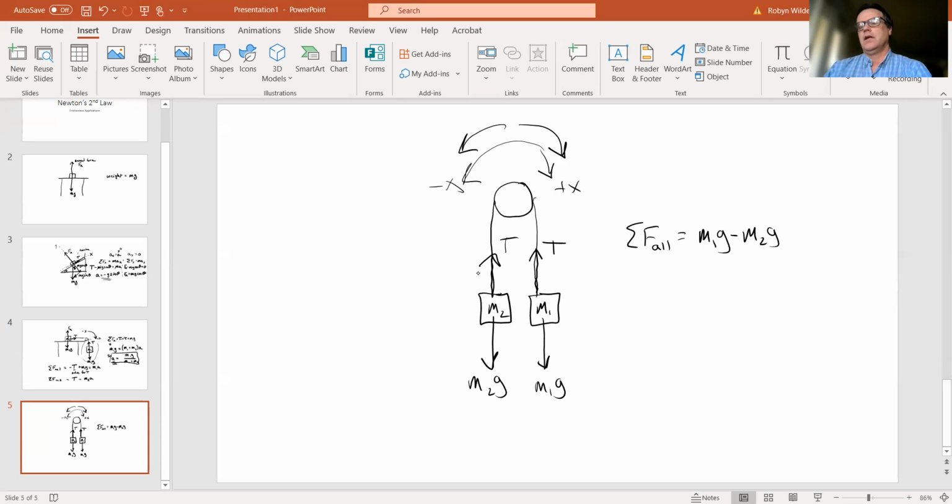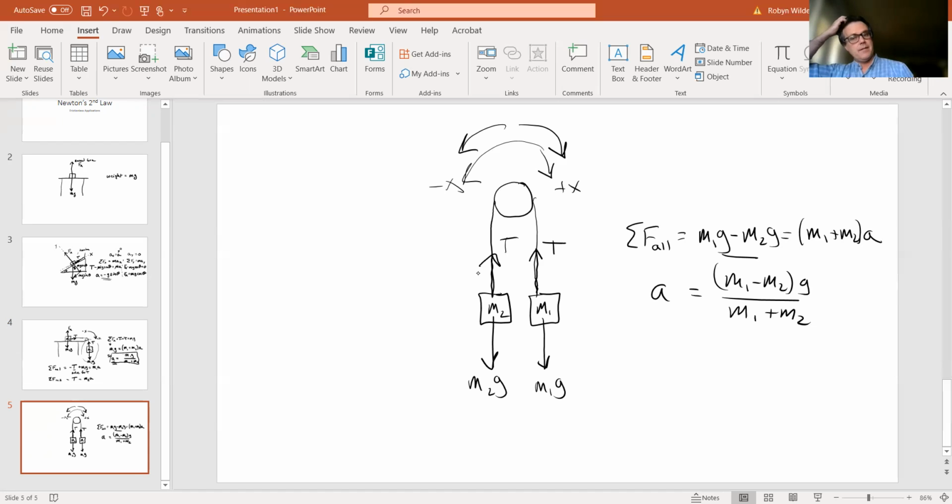Since I'm adding up the forces on both masses, I set that equal to m1 plus m2 times a. So again, I can solve for a. I can factor out a g here and write (m1 minus m2)g over m1 plus m2.